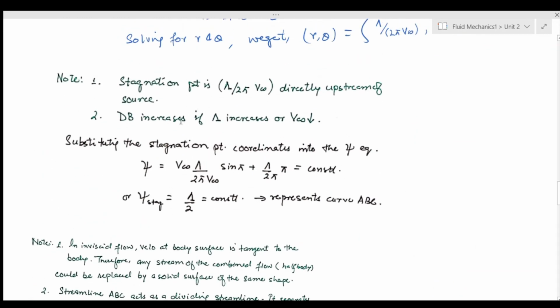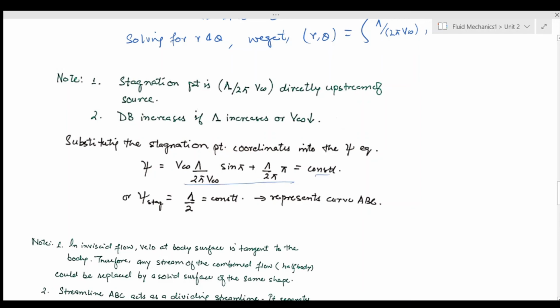So that's what is written here. Now substituting the stagnation point coordinates into the psi equation, I know my value of Vr, I know my value of V theta, and I know my r theta coordinates. If I put my r theta coordinates in my psi equation, then I would get something like this, a constant.